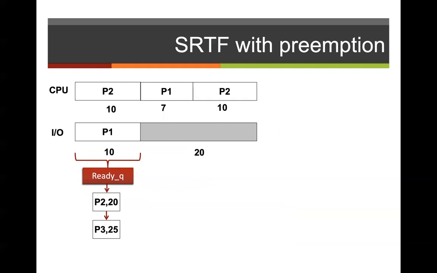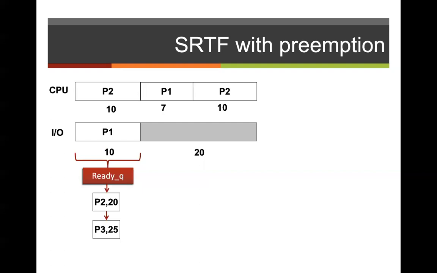So let's consider the shortest remaining time first scheduling algorithm with preemption. In this case, we have processes that are ready to execute. We have P2, P1, and P2 that are executing with P1 in IO.